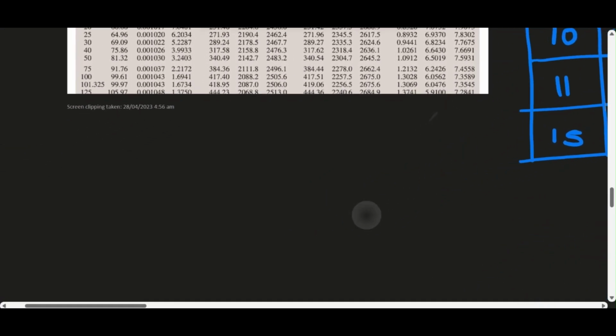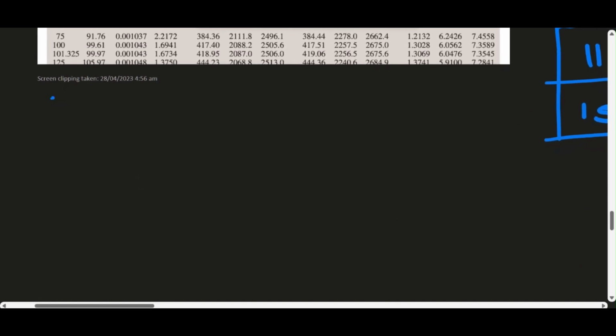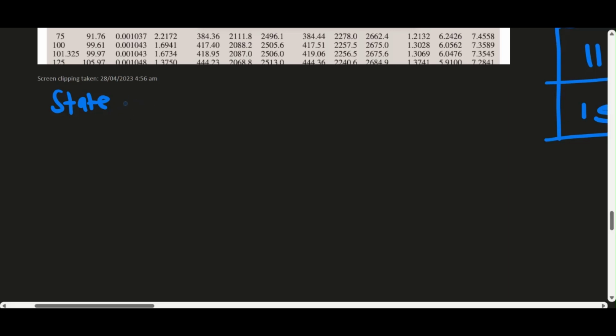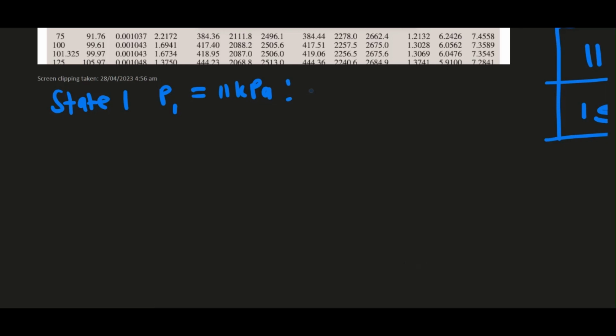So use this space here, I'll say state 1, pressure at 1 is equal to 11 kPa, and I'm just going to read HF11, which is the same thing as H1. So 11 minus 10 divided by 15 minus 10 gives me 0.2.